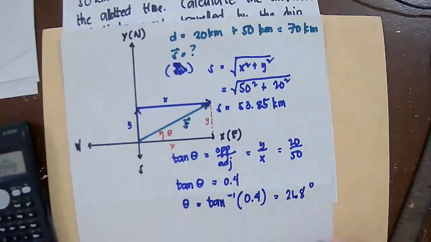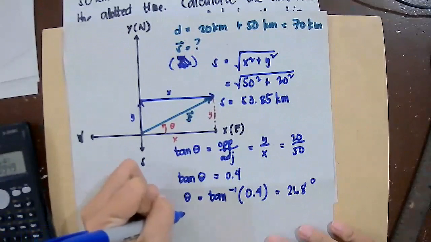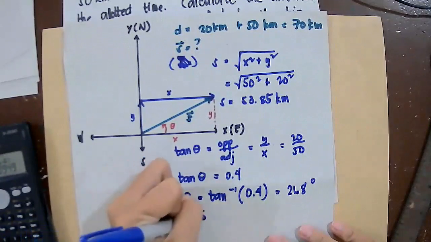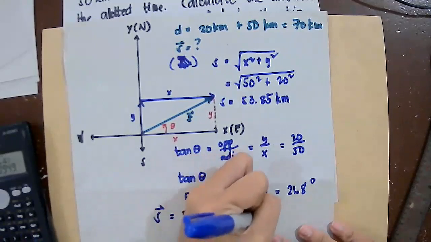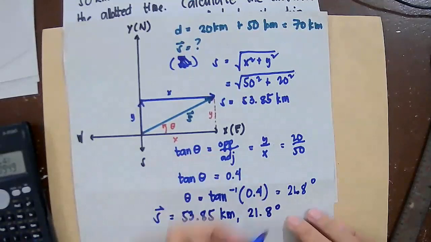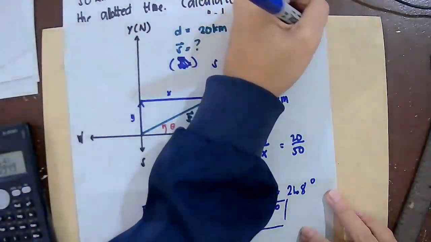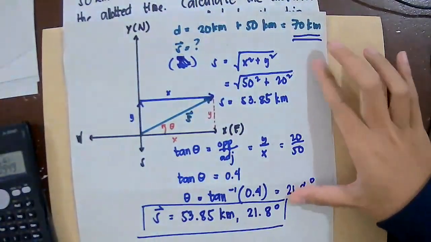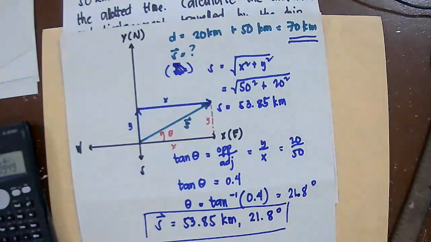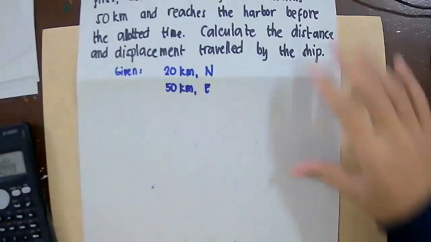Okay. So you write your final answer now: displacement is equivalent to 53.85 kilometers, 21.8 degrees. So this is now your displacement, and then ito si distance ninyo. So you now have answers for this problem. Okay, we'll proceed with the next example.